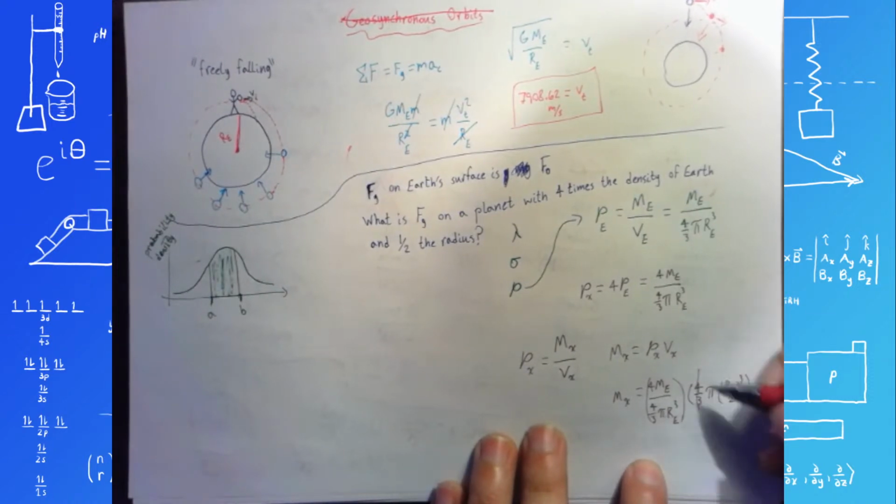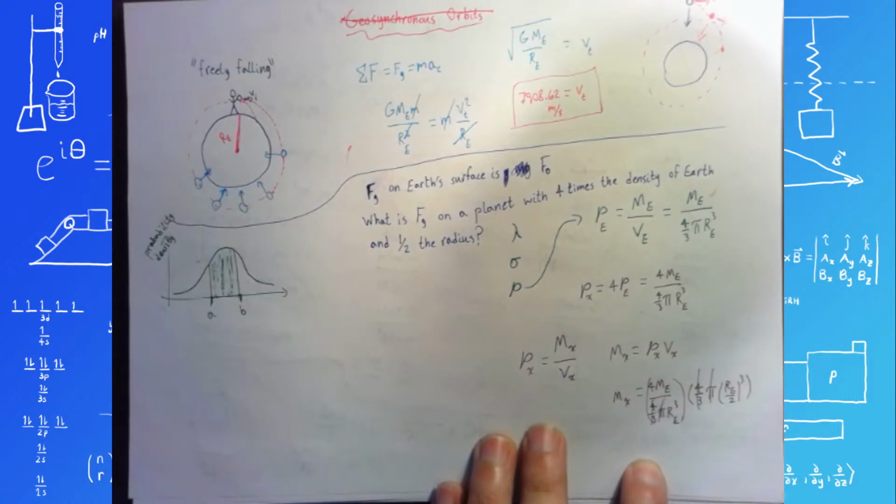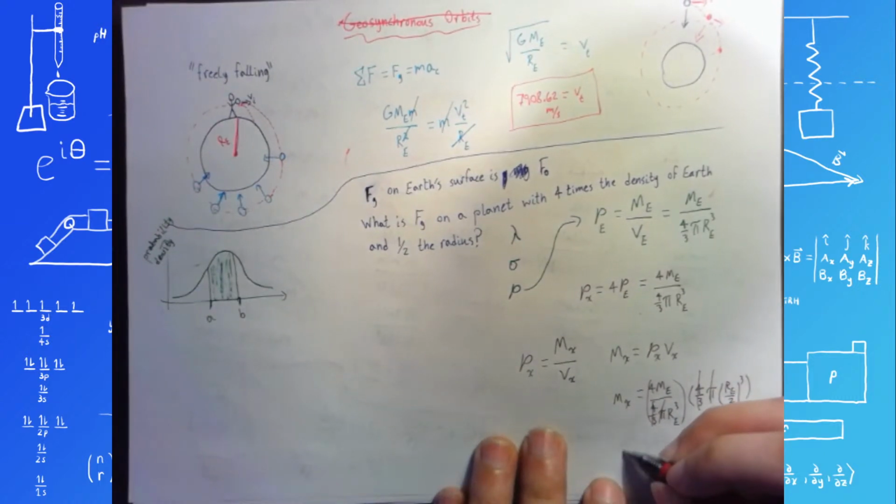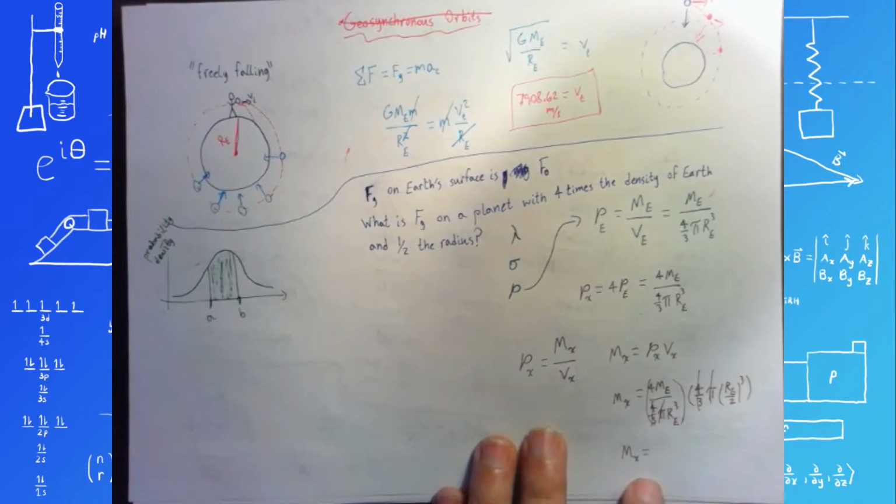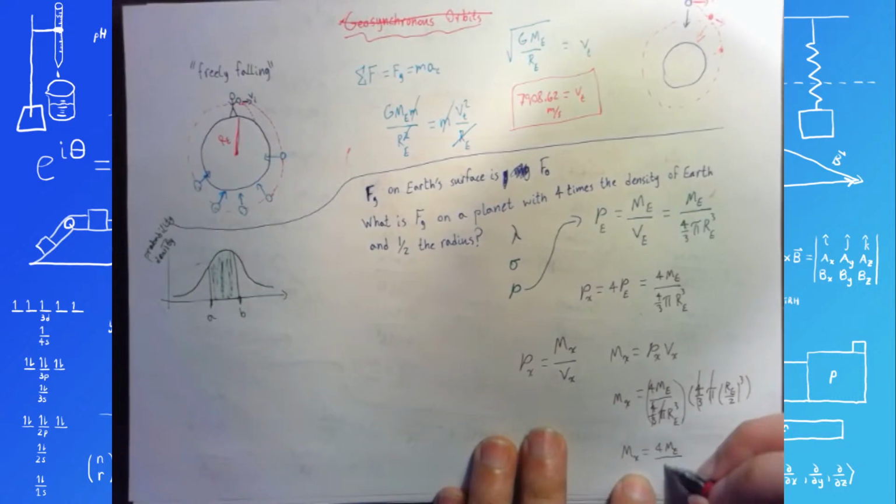And as you can see, 4/3 pi cancels out. And what do we have? Mass of planet X equals 4 mass of Earth over radius of Earth cubed, which is what's left from this part.